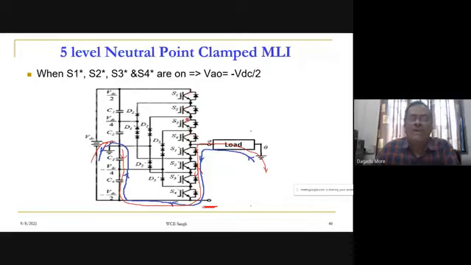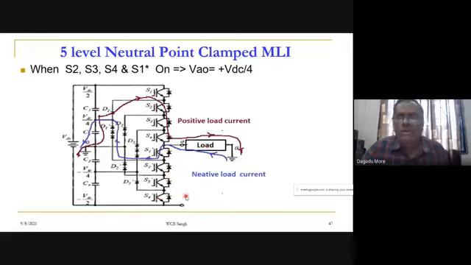Similarly, S1 star, S2 star, S3 star, and S4 star, you make as one switch. So any multi-level inverter can be operated as a two-level inverter. A 5-level, 7-level, 3-level, any higher level multi-level inverter, it is possible to operate it as a basic or two-level inverter.